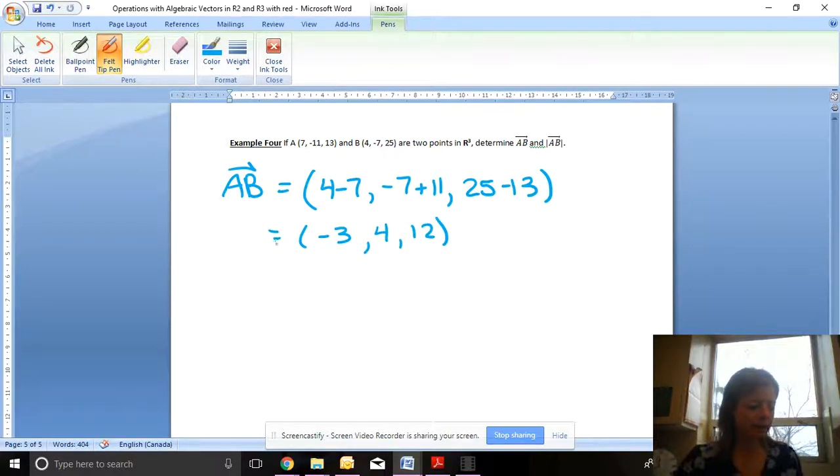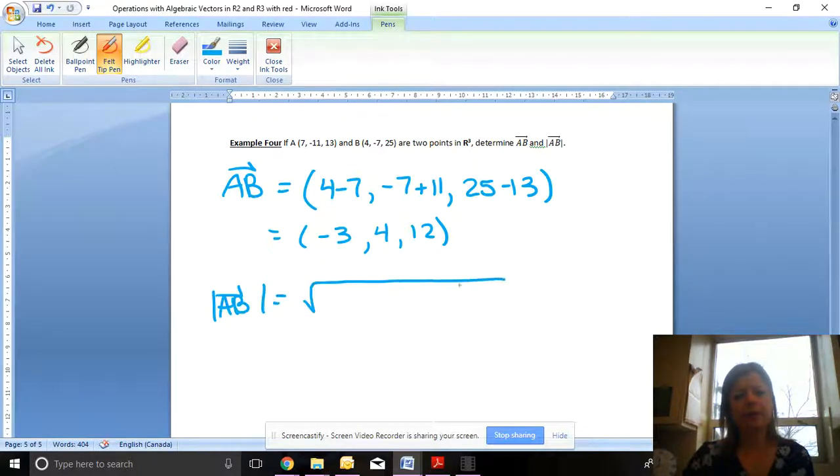So this is our vector AB. Really, it's the position vector of AB, so it has its tail at the origin and its head at this coordinate, but it's an equal vector to AB. Then the magnitude of AB is the square root of negative 3 squared plus 4 squared plus 12 squared, and that gives us 13 when you do the math.